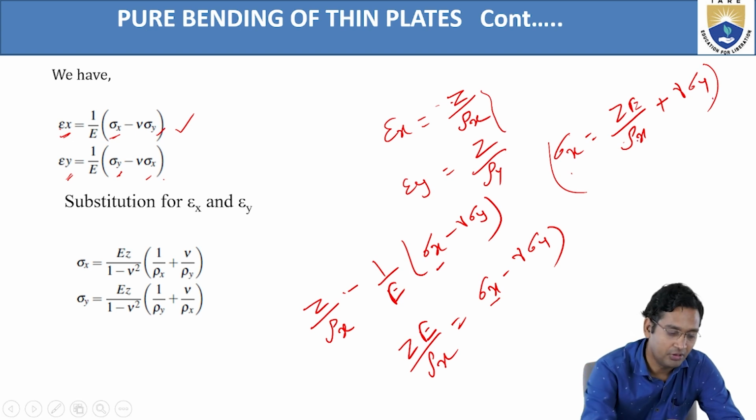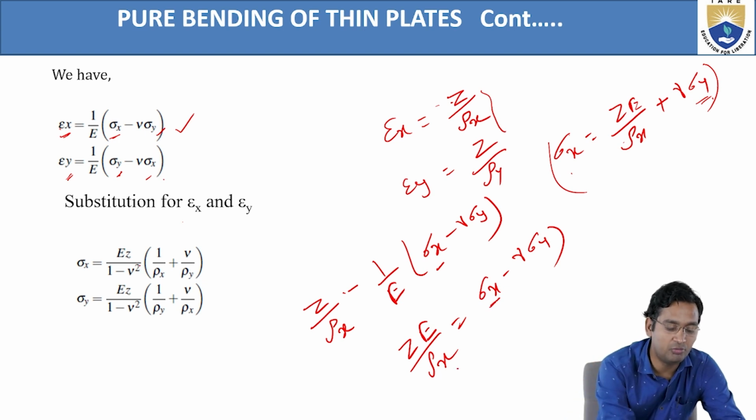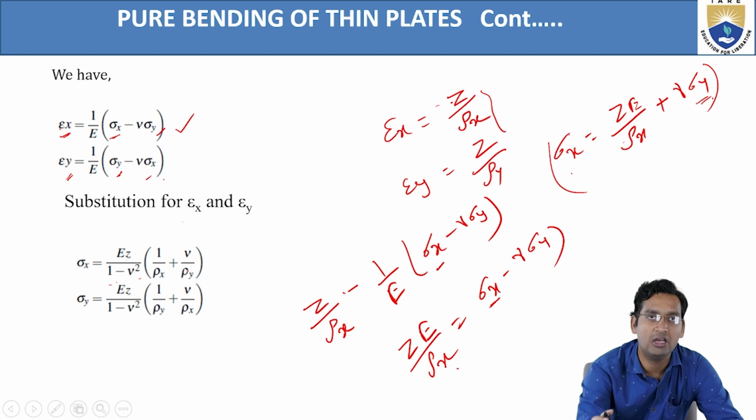But now see what we got after substituting. Again we have to remove sigma y in terms of this one. After removing that, sigma x is Ez by (1 minus mu square) into (1 by rho x plus mu by rho y).